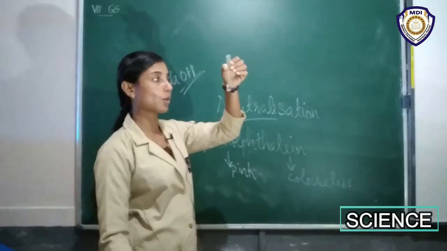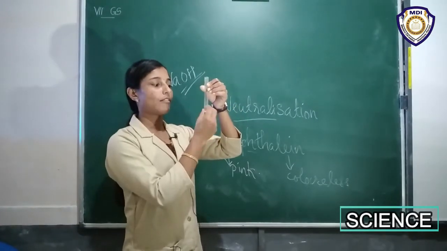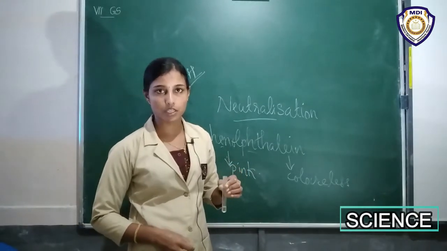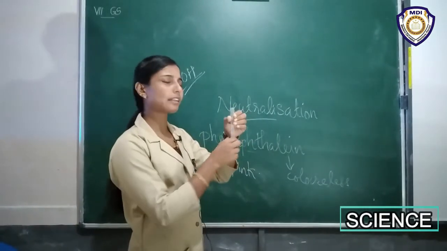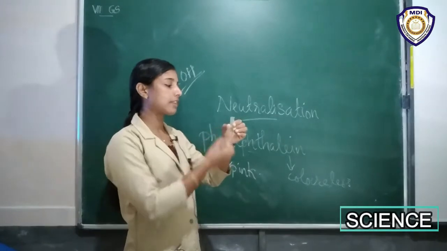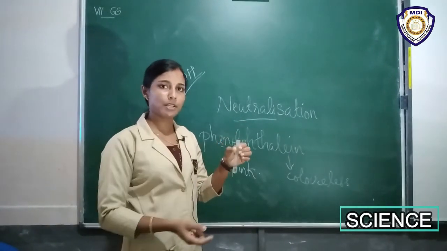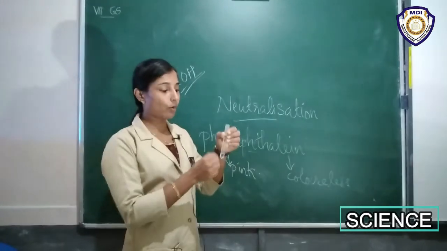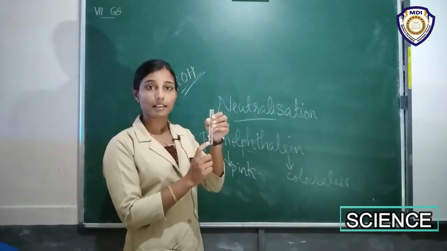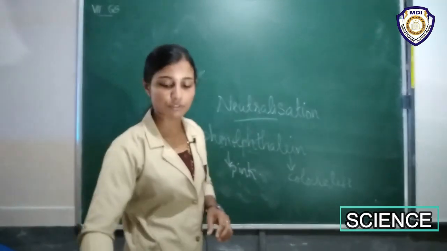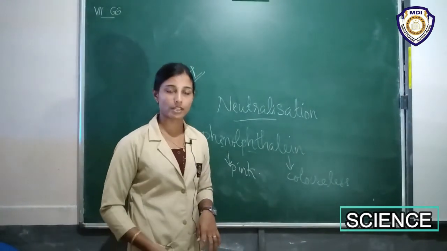Suppose this is hydrochloric acid, and we add 2-3 drops of phenolphthalein into it, right? There will be no color change. And if we add 2-3 drops of NaOH into this solution, there will be no change in color. That means the majority portion is still acid, so acidic in nature. So there will be no effect of phenolphthalein on that solution, right?